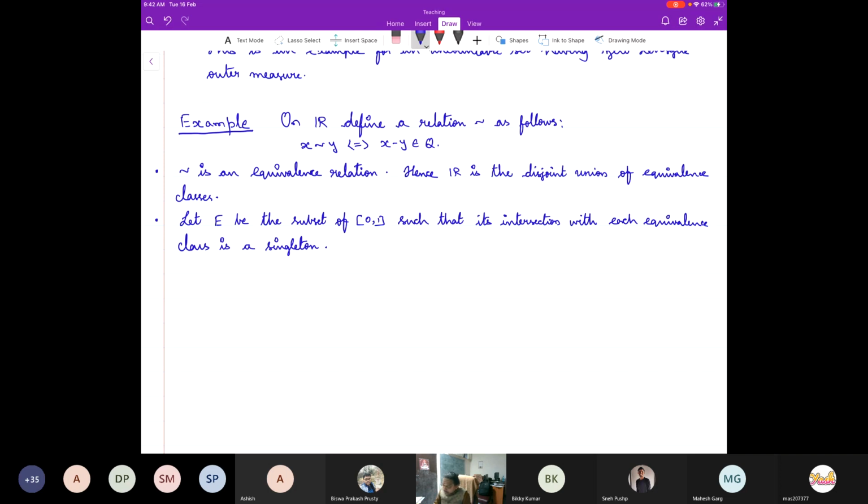So it is a subset of 0, 1, and if you take the intersection of that set with each and every equivalence class, it is going to be just a singleton. You'll have only one element at most.